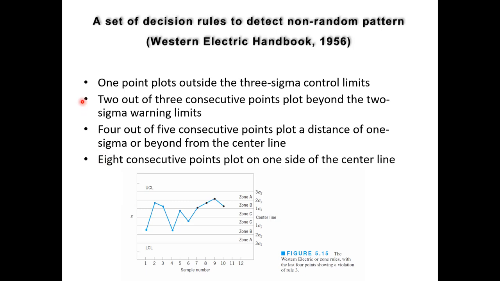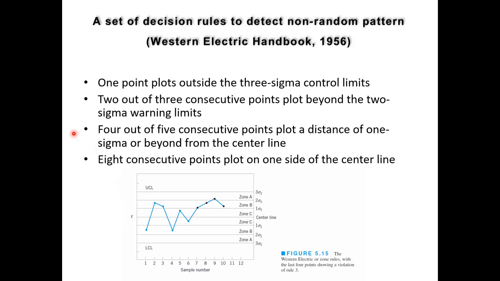So to analyze whether a control chart has a non-random pattern, you should also come up with the warning limits and see whether any 2 out of 3 points lie beyond the 2 sigma warning limits. Remember, you have upper and lower control limits, and you can also have lower and upper warning limits.